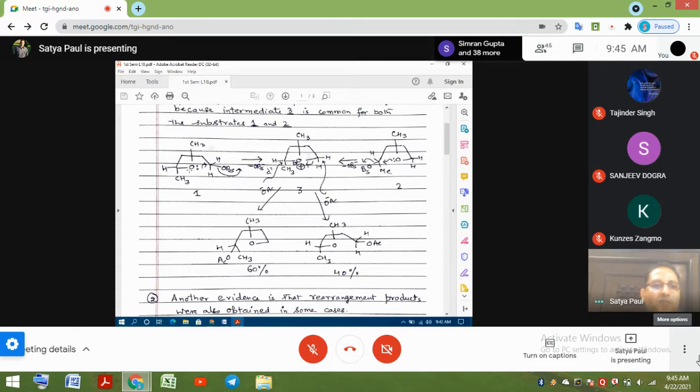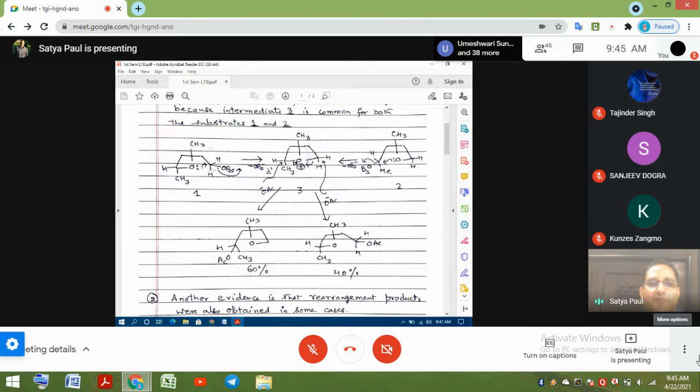This is 4-methoxy 1-pentyl brosylate, because you have a 1, 2, 3, 4 and 5 carbon chain. So pentyl at 1 has brosylate and at 4 there is methoxy. Here it is starting from here 1, 2, 3, 4 and 5. At 5 there is methoxy, at 2 there is brosylate. So this is 5-methoxy 2-pentyl brosylate.